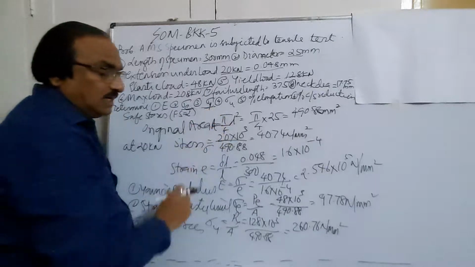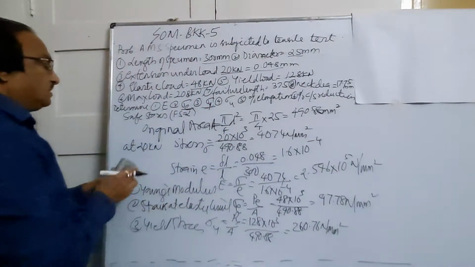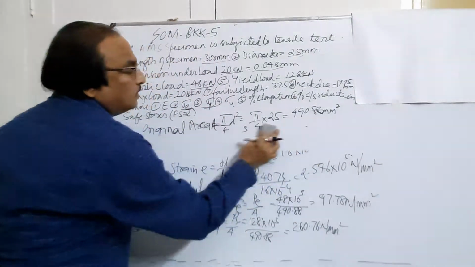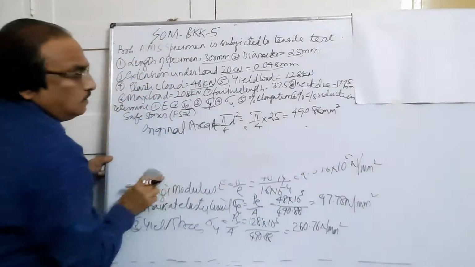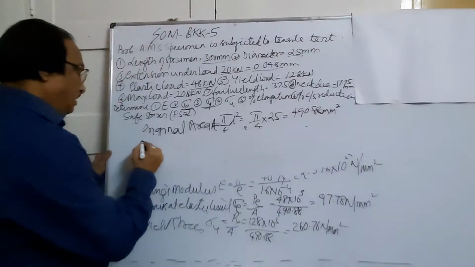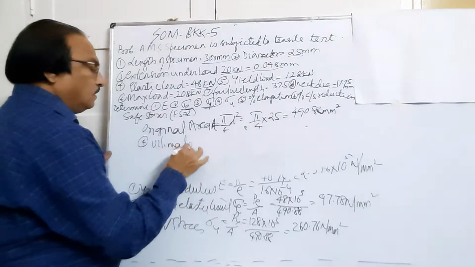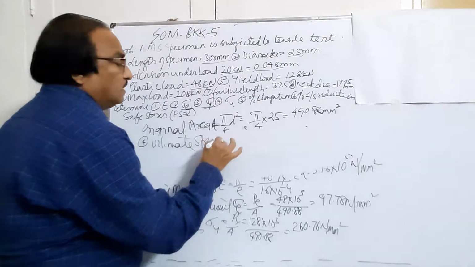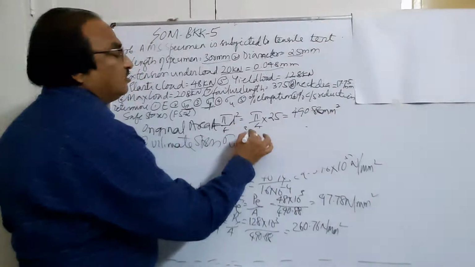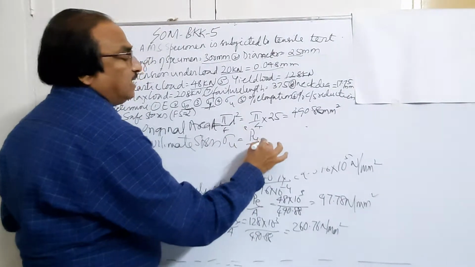Then let's go for the next one, ultimate stress, sigma u. That is given by the ultimate load divided by the area.